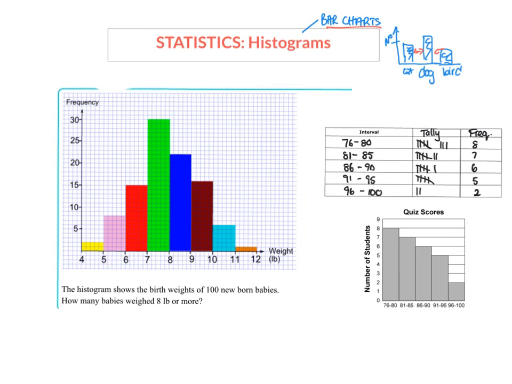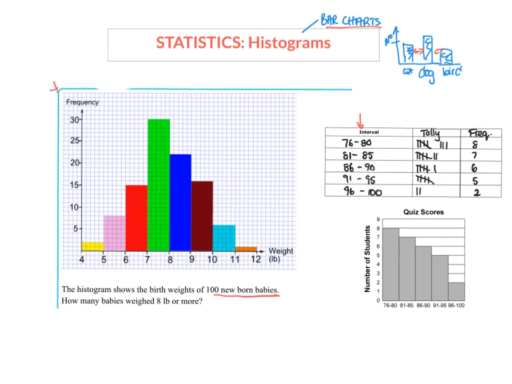A histogram looks at numerical continuous data. So you can see that's here, whereas we're getting a category with the bar chart. I think this histogram shows the birth weights of 100 new babies, and how many babies weighed 8 pounds.